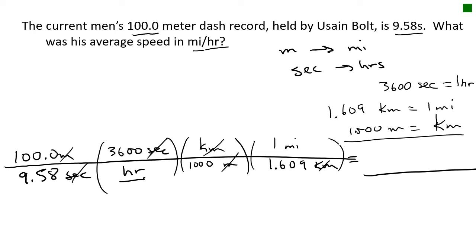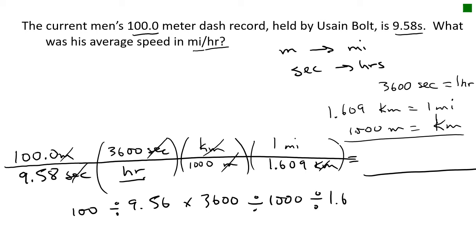When I do the math, and the math on this, by the way, would be 100 divided by 9.58 times 3,600. You can do this in any order. Divided by 1,000 divided by 1.609 is going to give us 23.4 miles per hour.